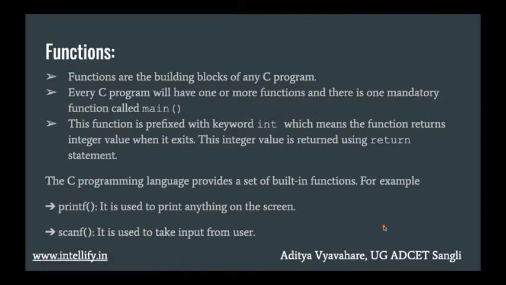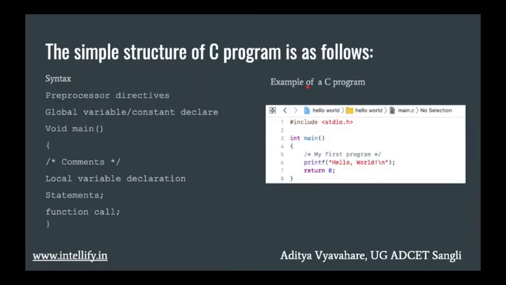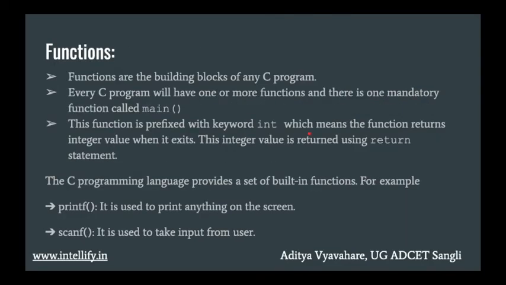Moving forward, we go to the functions. Functions are basically the building blocks of any C program, because the main that we saw in the sample program, int main, the main itself is a function. Every C program has the mandatory function called main, without which the program cannot be written.